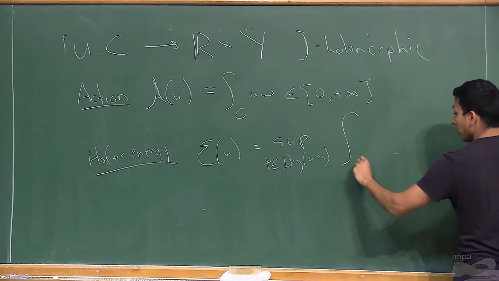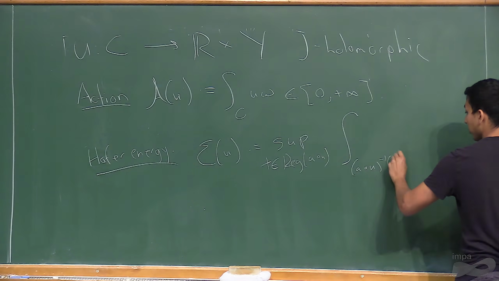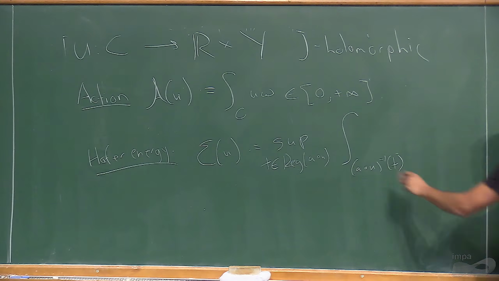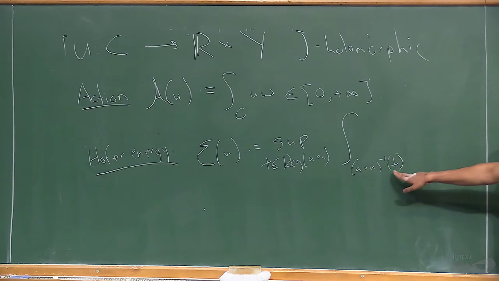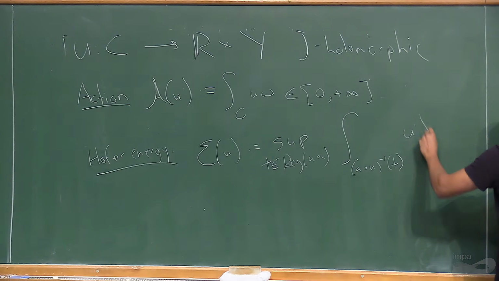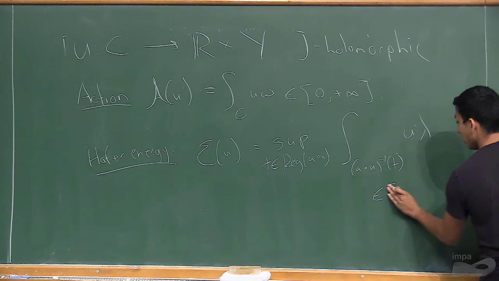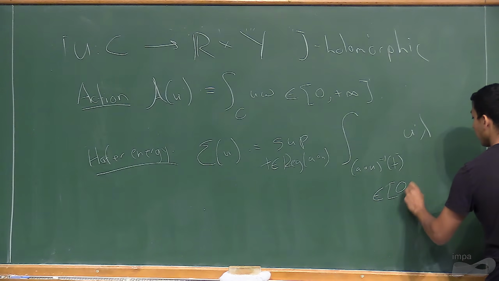I'm going to integrate over the level set of the curve with respect to t. So this is the intersection of the curve with the slice t cross Y, and I'm going to take the integral of this 1 form lambda. And you can check that this is also non-negative.